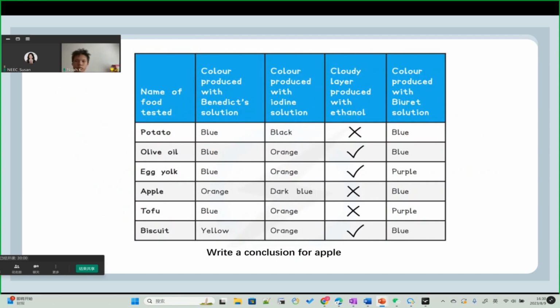And how about a question like this? I will provide you with a table containing all the results of the food test. And I would like you to write down the conclusion for apple. For example, what kind of nutrients does apple have? Lots of glucose.